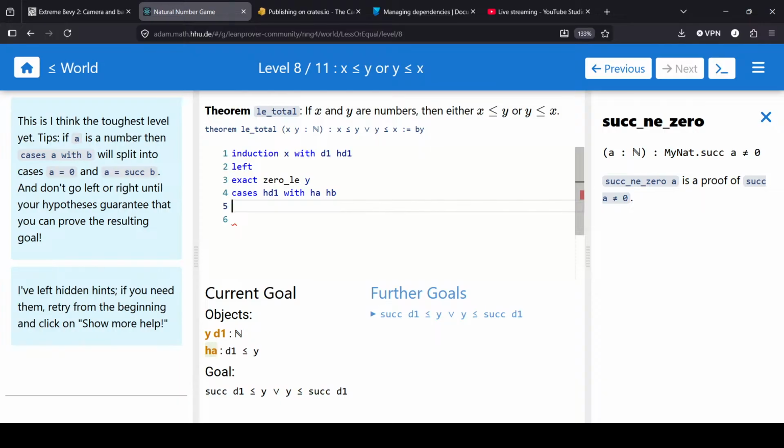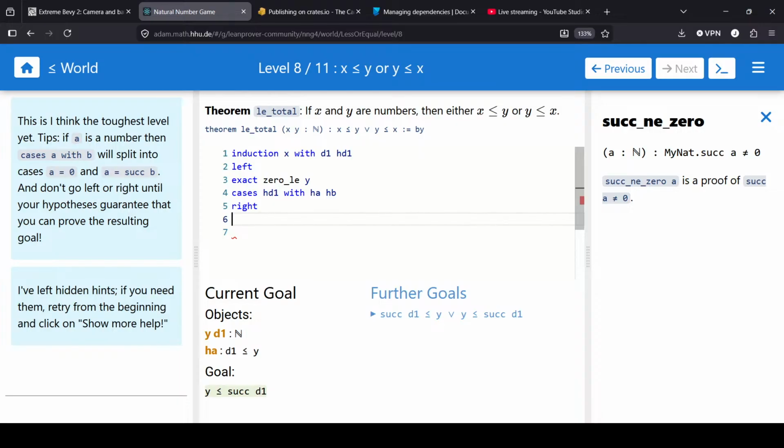D1 less than or equal to Y. Y less than or equal to the successor of D1. Like this is weird. I guess this is at least maybe possible. But it's only possible if D1 is equal to Y, right? So I guess I would need to prove that D1 equals Y. Or something.